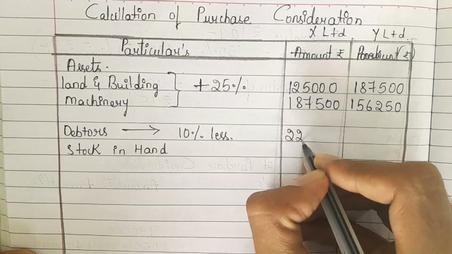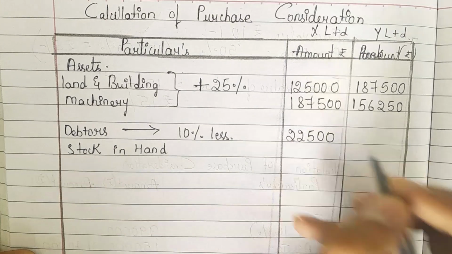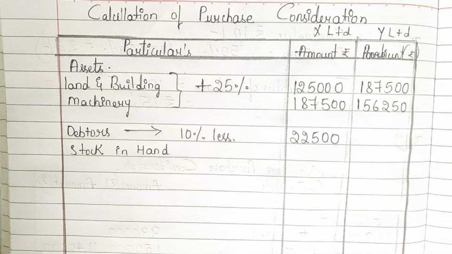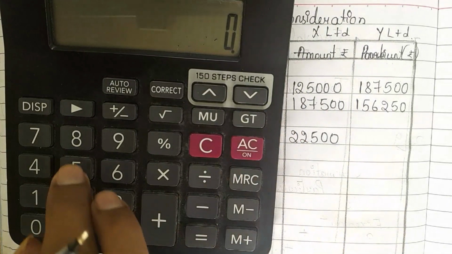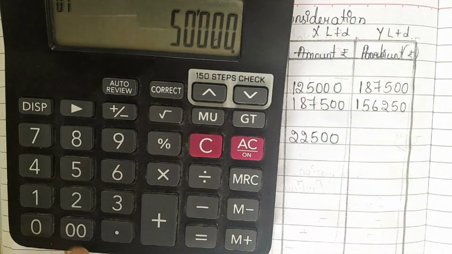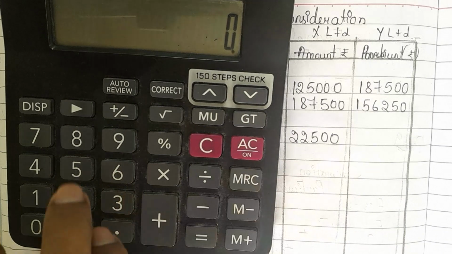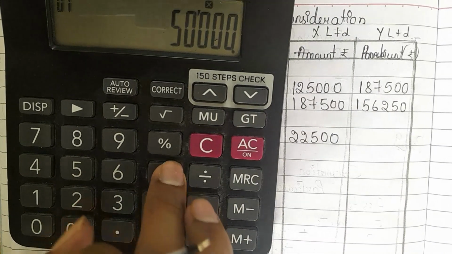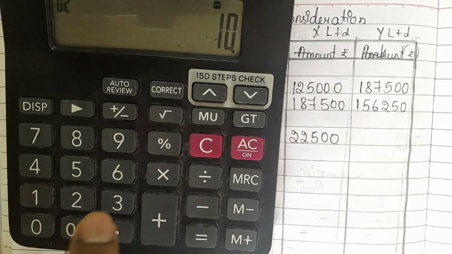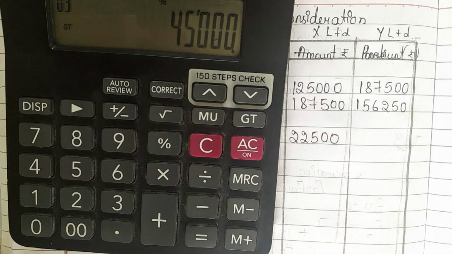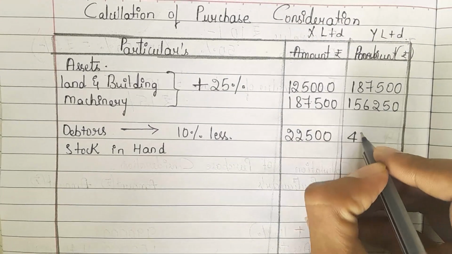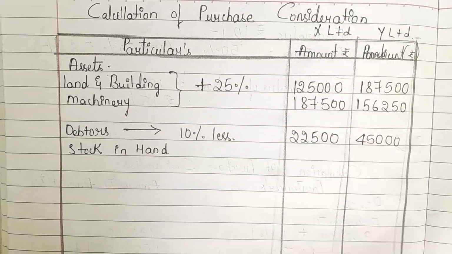So 22,500. Now Y Limited has debtors of value rupees 50,000. So 50,000 minus 10% is 45,000. That 45,000 you need to write here.